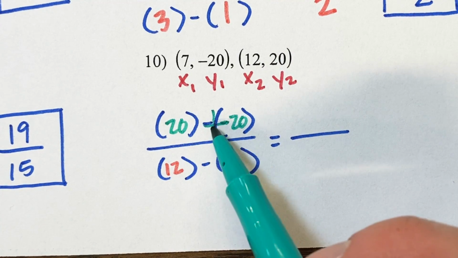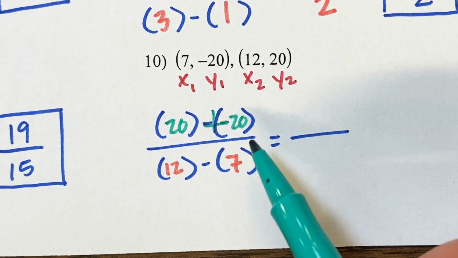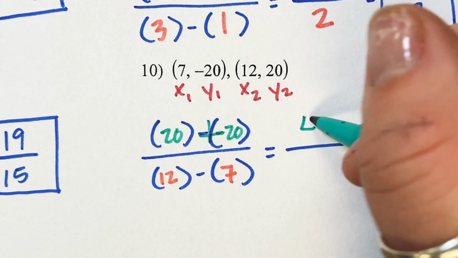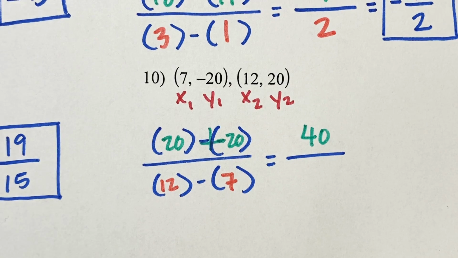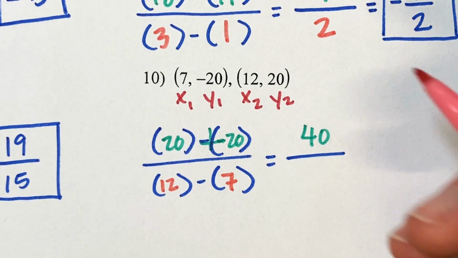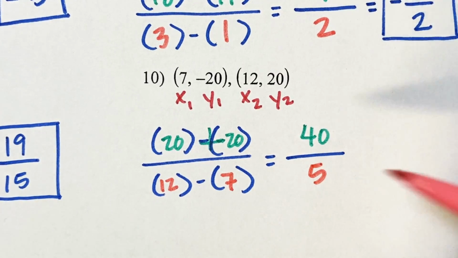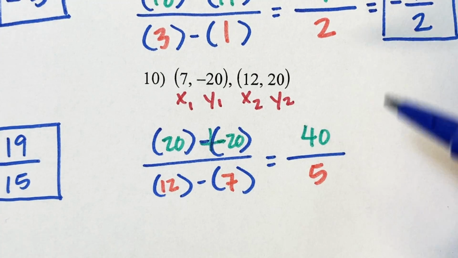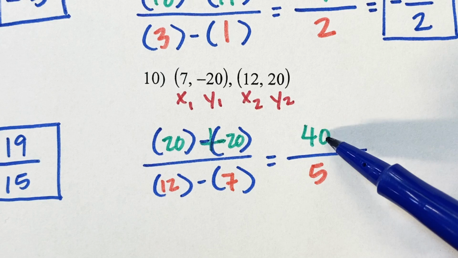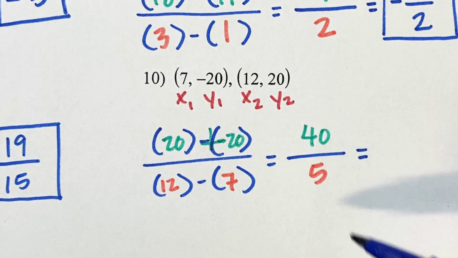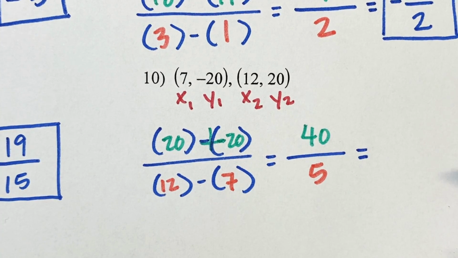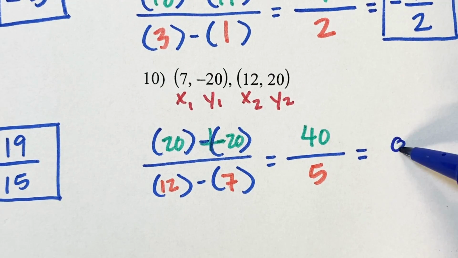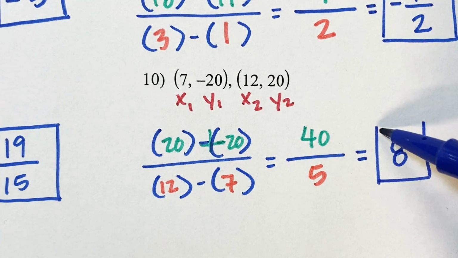So now we have 20 plus 20. What's 20 plus 20? It's going to give me 40 on top. Okay, and on bottom I have 12 minus 7. 12 minus 7 is going to give me 5. Okay, this one we can reduce because we can say what is 40 divided by 5? That's going to give me 8.